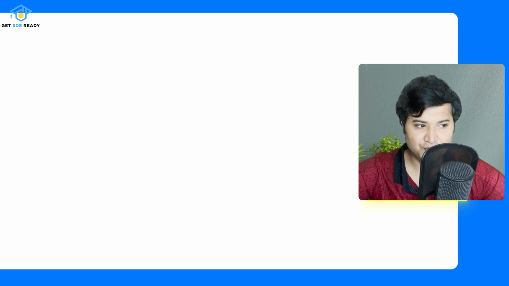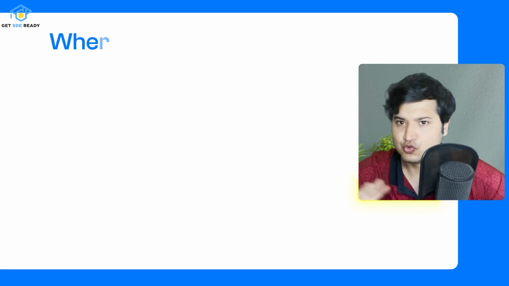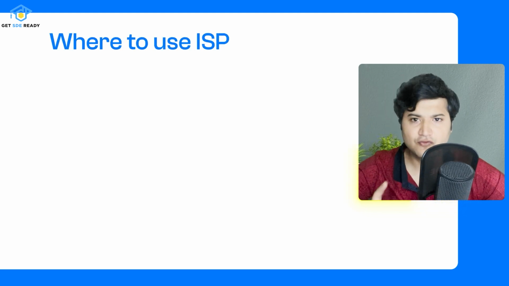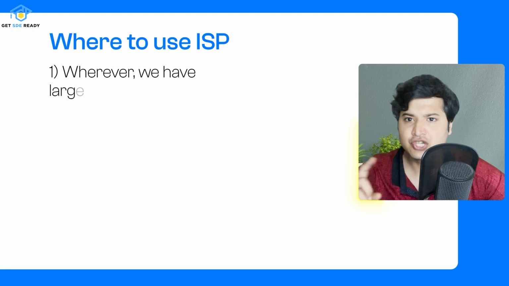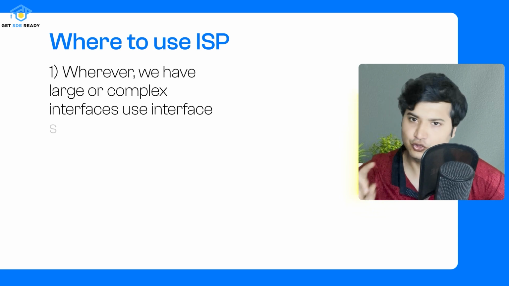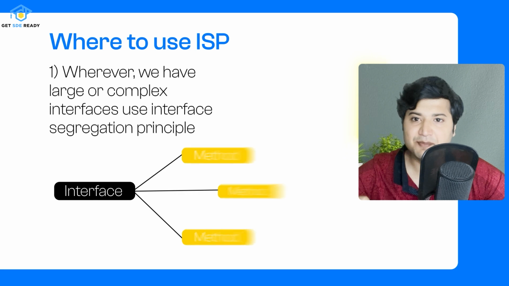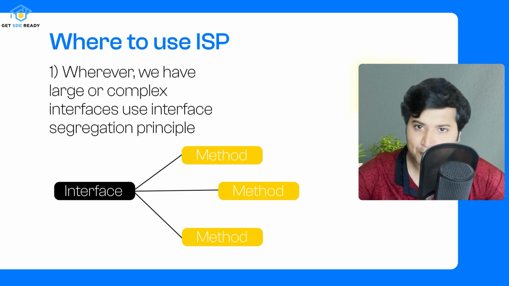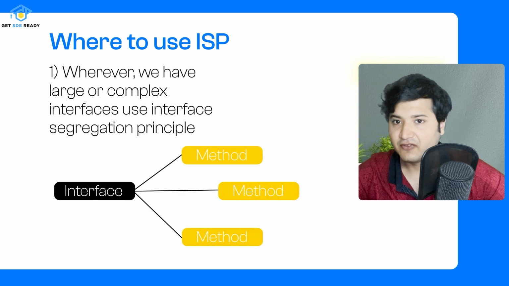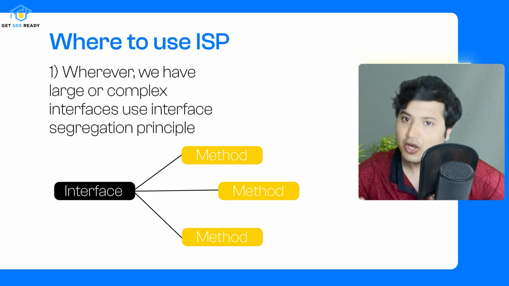Okay, now you all would be thinking where all to use interface segregation principle. So first, wherever we have large or complex interfaces, use interface segregation principle. Why? If an interface contains many methods or is very complex, it could be very difficult to maintain or implement it.